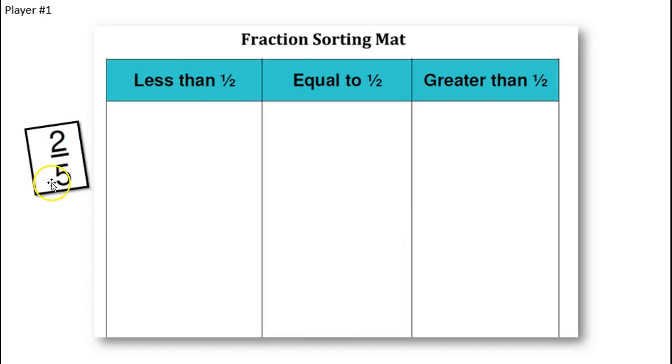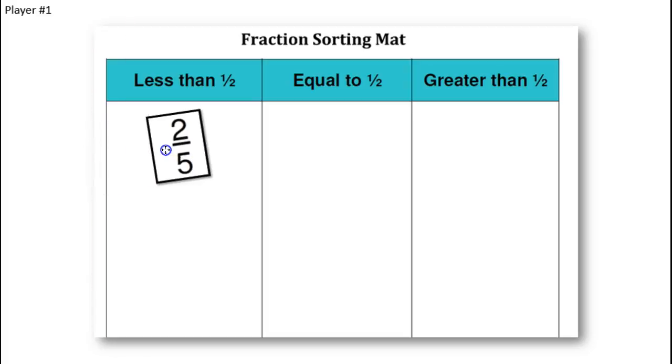If I were player one, I would think, what is half of 5? Well, 2 is half of 4, so that's not half. Half of 5 is 2.5. So 2/5 is actually less than half, so I would put it in this column.